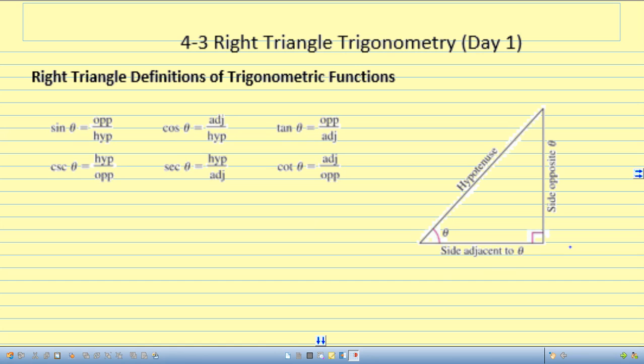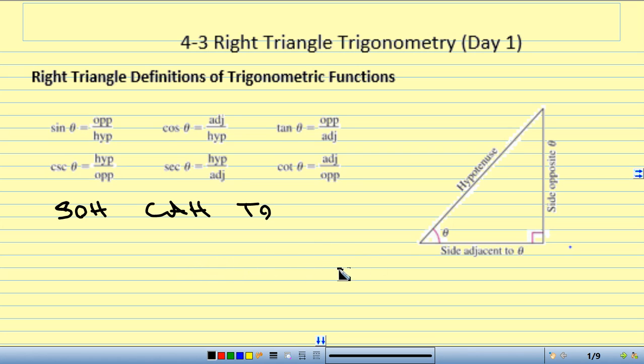First thing we have is definitions of trigonometric functions. I'm really not going to go over these. I grew up with Great Indian Chief Sohcahtoa, and that gave me my sine, my cosine, and my tangent.